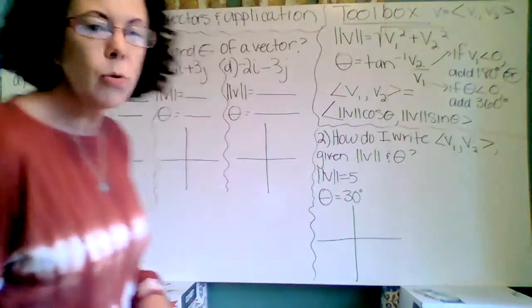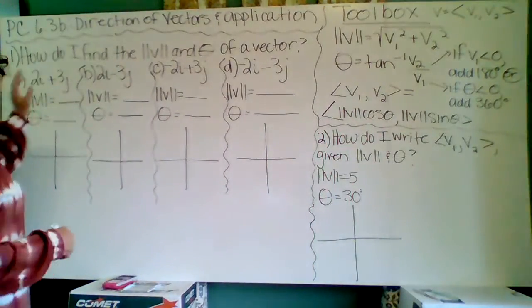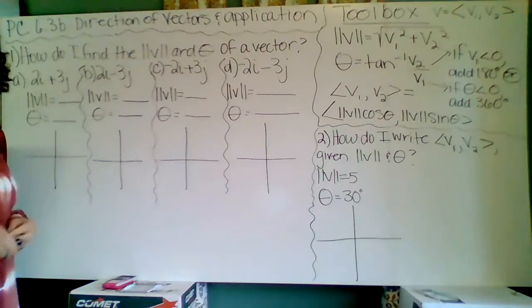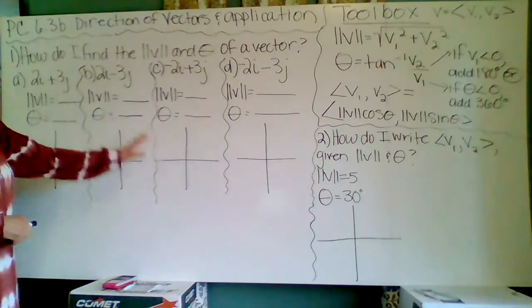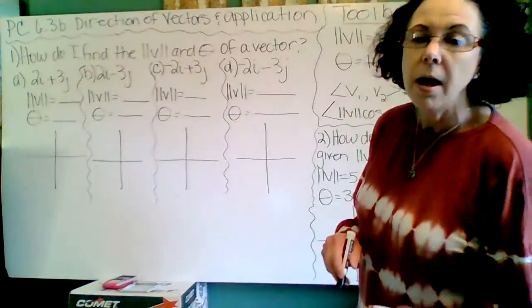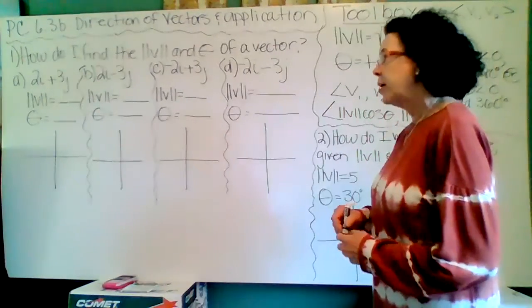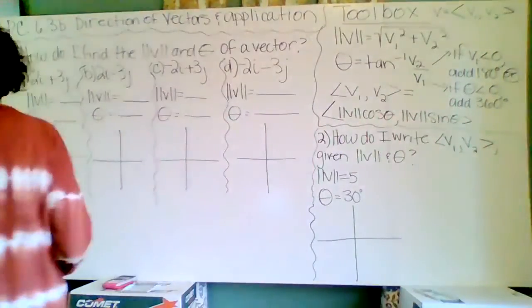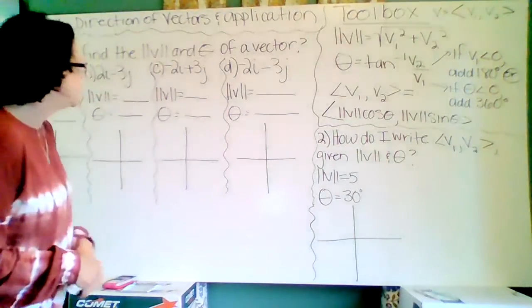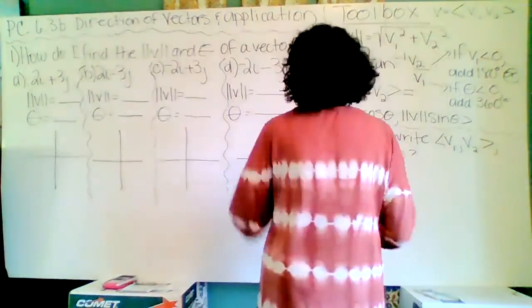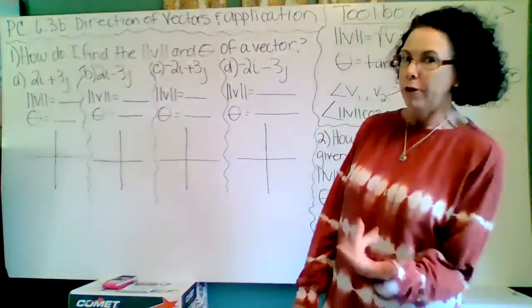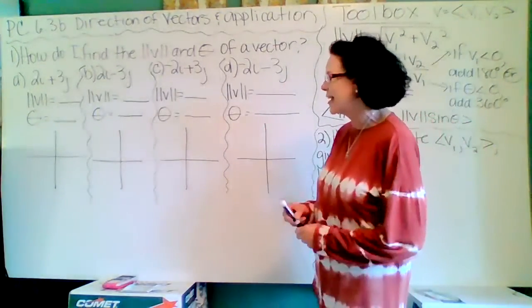So let's go over to problem number 1. How do I find the magnitude and direction, that angle, of a vector? I've given you 4 vectors written as the sum of unit vectors, meaning the vectors 2 comma 3, 2 comma negative 3, negative 2 comma 3, and negative 2 comma negative 3, just written as the sum of unit vectors.